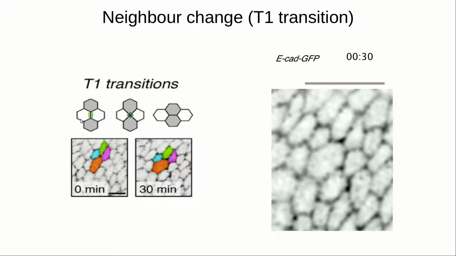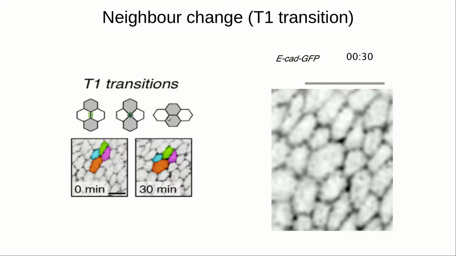So at the beginning, these two white cells are in contact with each other, and then they lose contact and the two gray cells become in contact. So this part of the tissue is more elongated in the vertical direction at the beginning, and at the end this region of the tissue is more elongated in the horizontal direction. Therefore, you can see how these topological changes result in shape changes.